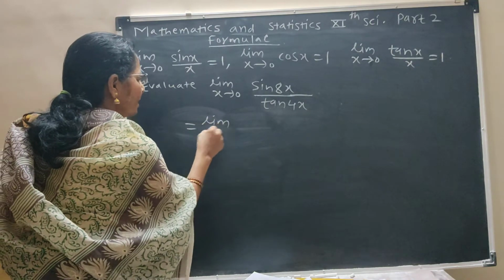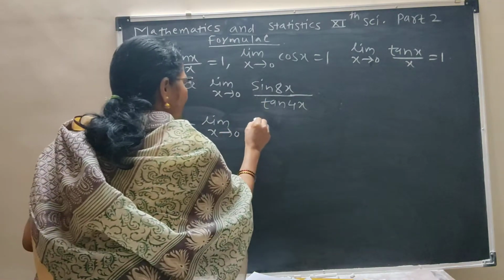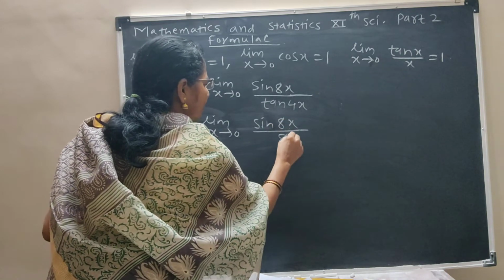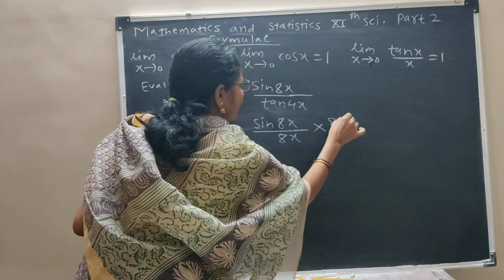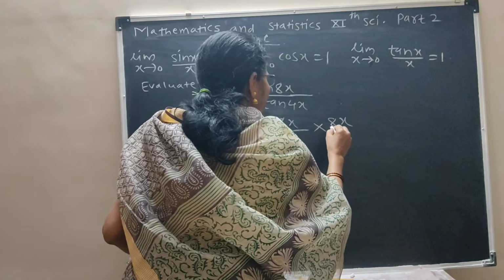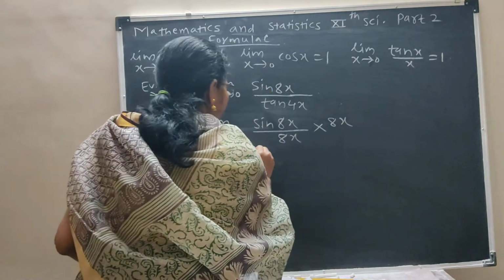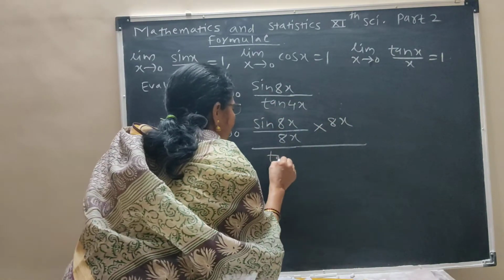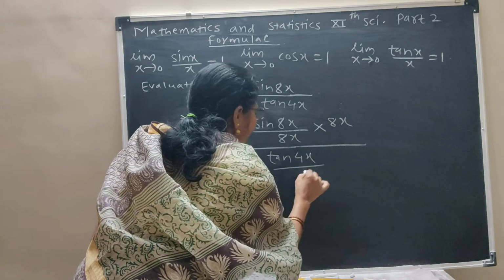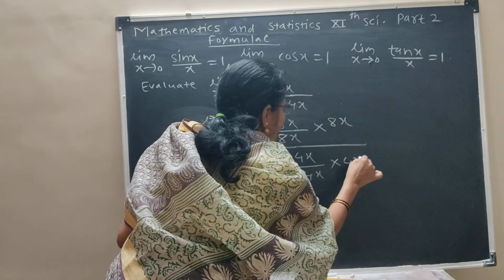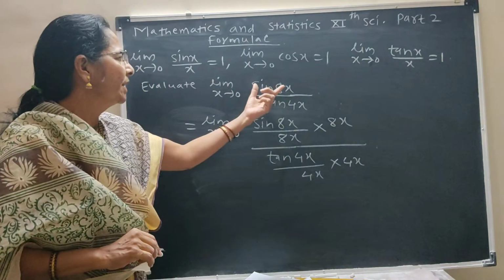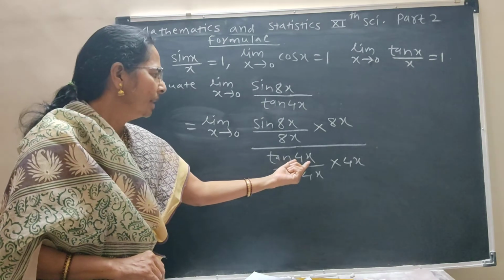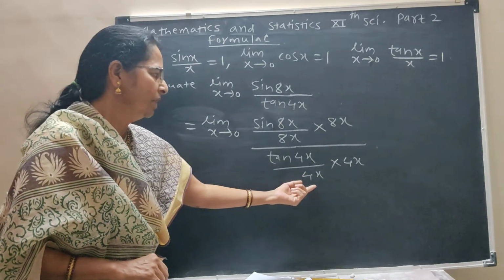Limit as x tends to 0, sin 8x: take here 8x, multiply by 8x. Similarly, the same formula applies for tan, so tan 4x: take here 4x, multiply by 4x at the denominator.